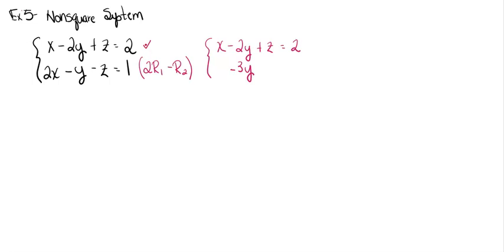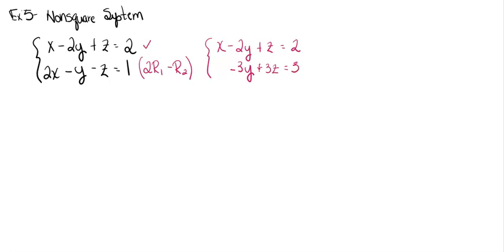And then 2 times z in my first row minus a negative z gives me 3z. 2z minus a negative 1z is 3z. And then 2 times 2 is 4, minus 1 is 3.